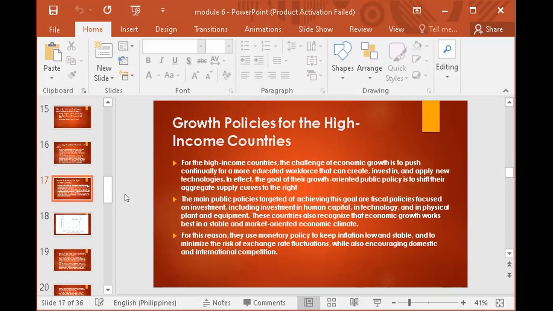So for high-income countries such as US, Canada, New Zealand, Australia, those who are part of the North, yung kanilang ginagawa or what they usually focused on is yung more educated workforce. And sabi dito, continually for a more educated workforce that create, invest in, and apply new technologies.